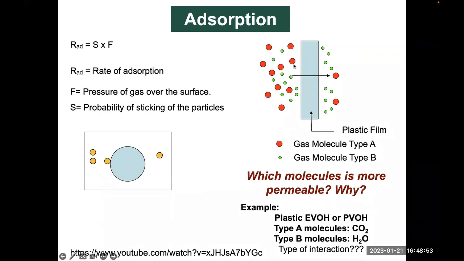On the other hand, let's say it's some other molecule which does not like that particular plastic, then it may not permeate through. So the rate of adsorption, that is before the molecules transmit through, the rate of the adsorption is very important for the permeability to happen.